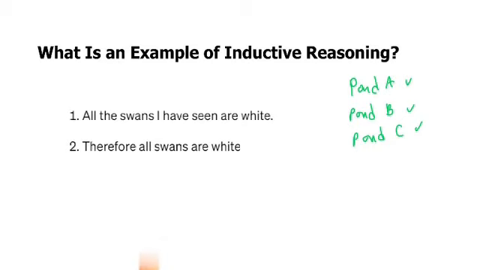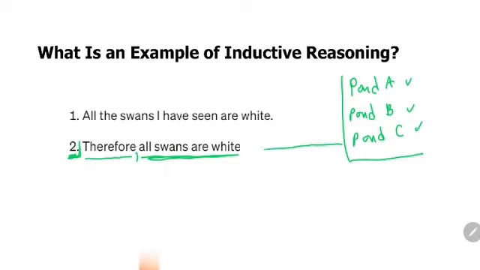So out of these observations, you made a conclusion. Therefore, that's your conclusion: all the swans are white. That's your general conclusion. Because I saw that the swans in all of my observations are white, I made a general conclusion that all swans are white. Okay? This is an example of inductive reasoning. From specific to general. From example to conclusion.